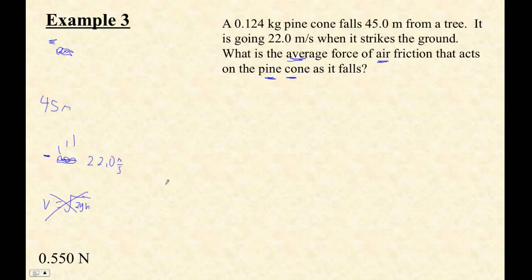So what we do with this is we're basically going to say, okay, before it was dropped, all it had was mgh, right? It wasn't moving, and we didn't throw it down, so all it had was mgh. And then where did that go to?